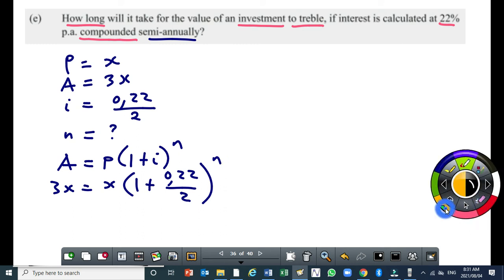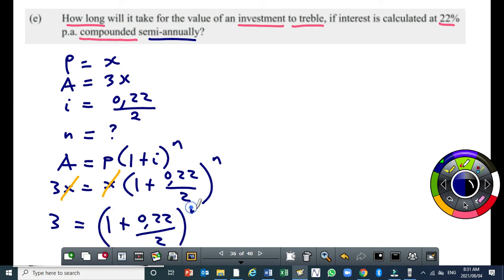Because we have one term on the left, one term on the right, those two x's cancel out. After they're cancelled out, you end up having a 3 on the left, then 1 plus 0.22 over 2, all raised to the power of n.